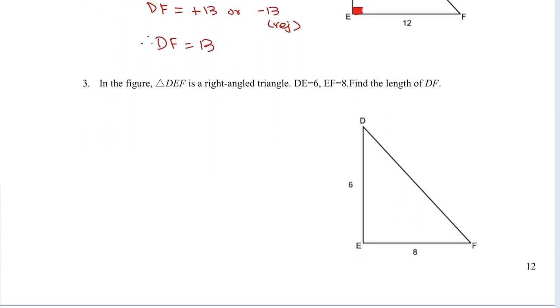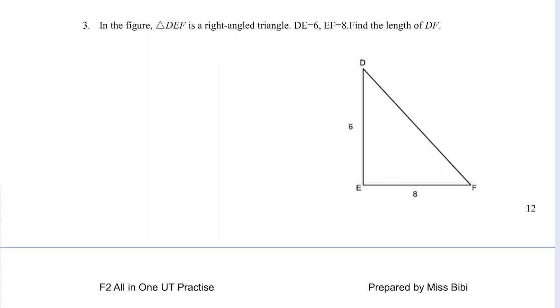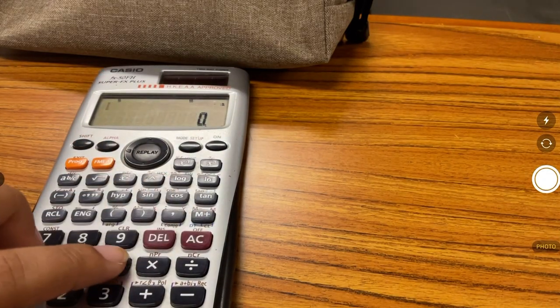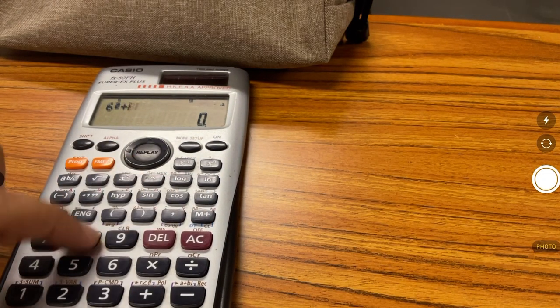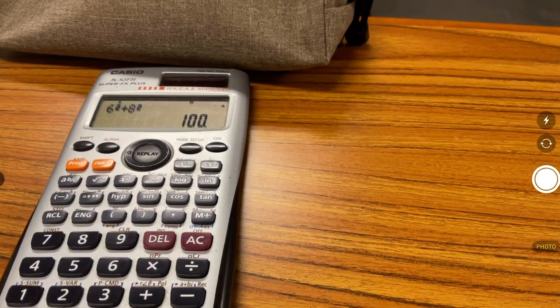Okay, now let's try the next one. You are again given a right angle triangle. You have to find the hypotenuse line. The hypotenuse line is separate and the other two are legs, so leg squares. 6 square plus 8 square equals df square. And the reason is Pythagoras theorem. So 6 square plus 8 square, can you click that in the calculator first? You get 100.